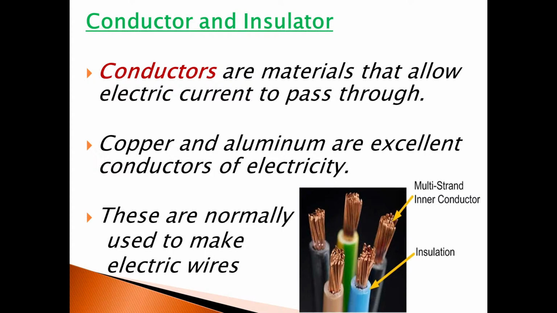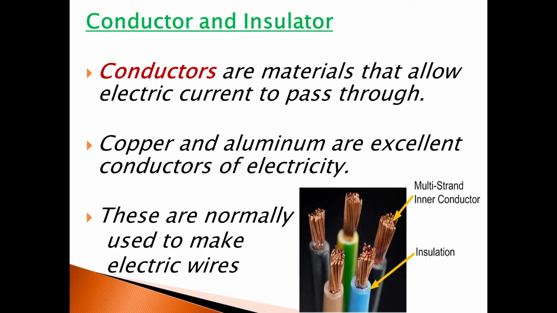That is simply because once you're looking at electricity, there will be times when we don't want electrical current to pass through a particular material. Let's say, for example, you're in an environment where there are a lot of small kids, and there's electricity within that vicinity.